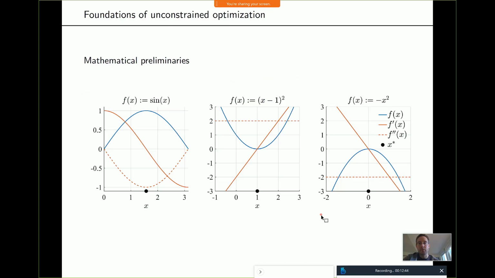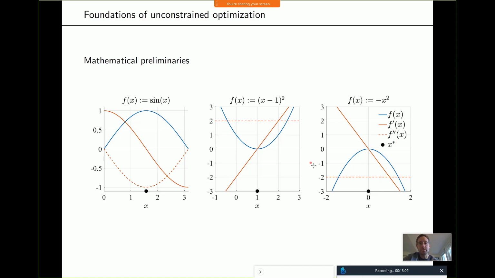And what I also want to point out here is that I also included the mathematical preliminaries again on the website of this course, because you always need them. There's quite some discussion of these necessary and sufficient conditions and the relationship between the function itself, the first derivative and the second derivative, and the minimizer.